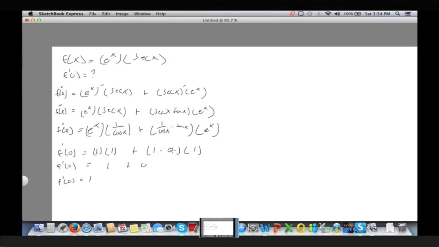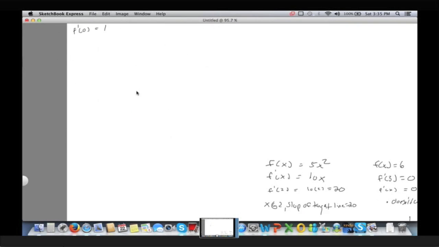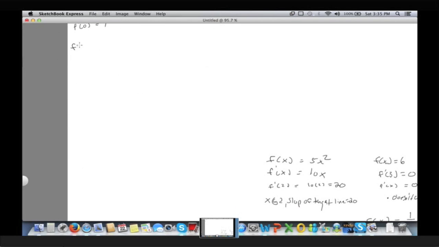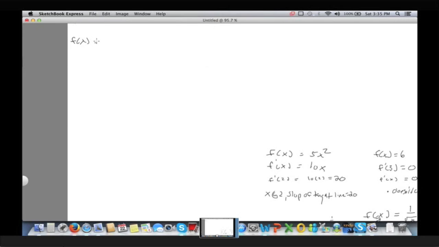So let's try another problem. Let's try f of x equals x minus cosine of x. And let's find f prime of 0.